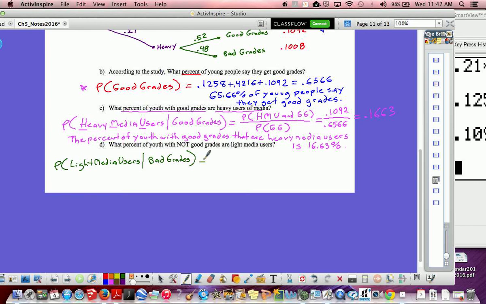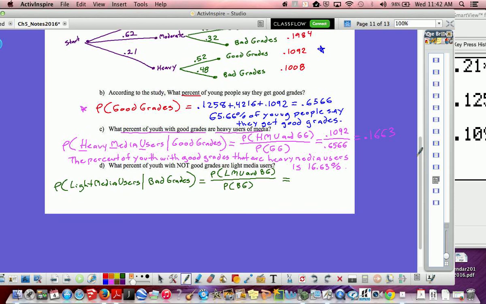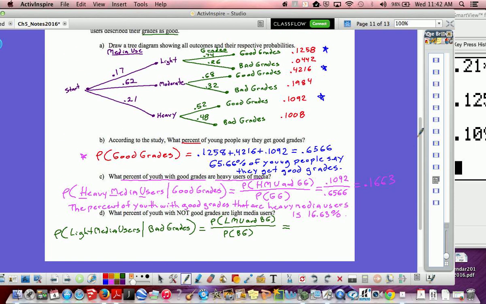So in the top, I'm really looking at the probability of them being light media users and bad grades over the probability of them having bad grades. So to get the top number, I can use my tree diagram. Light media users and bad grades is 0.0442.